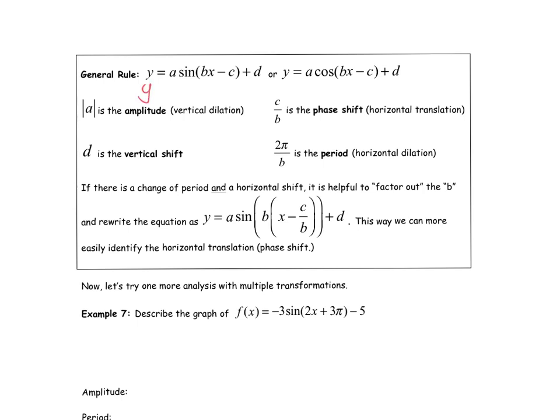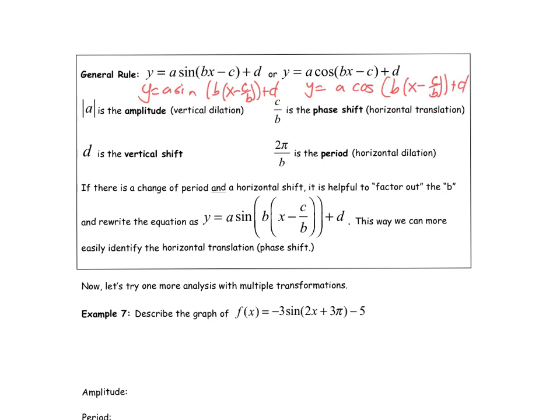So we're going to rewrite these functions as a times sine, factoring out the B, so we'd have x minus c over b plus d, and in terms of cosine, we would have a times cosine, factoring out b. We'd have the quantity b times x minus c over b plus d. So now we can see that the phase shift, c over b, comes from this factored out version.